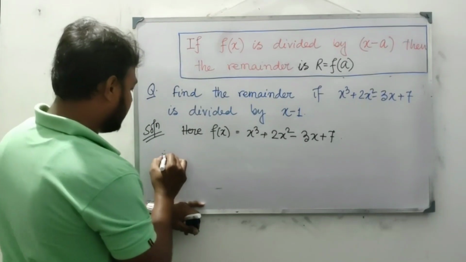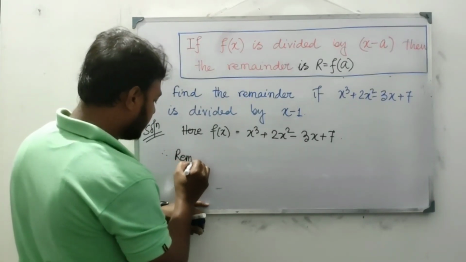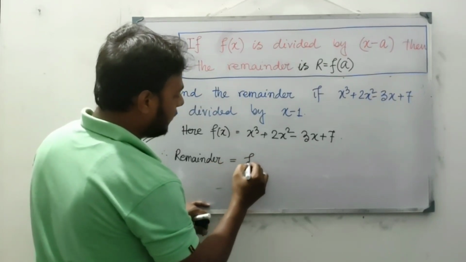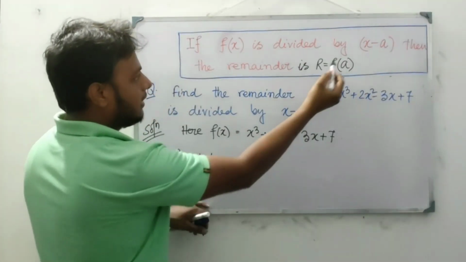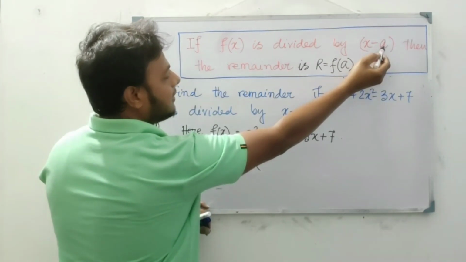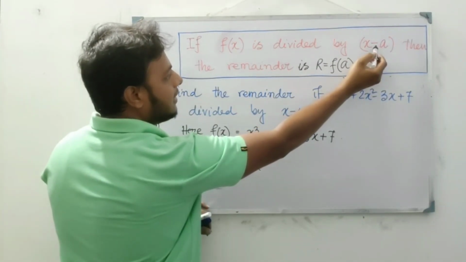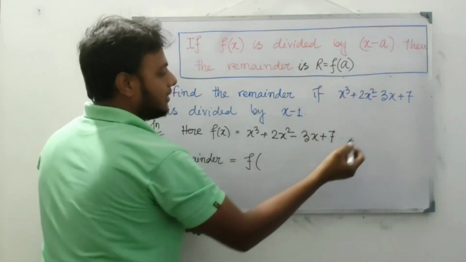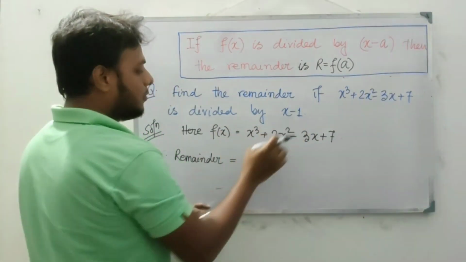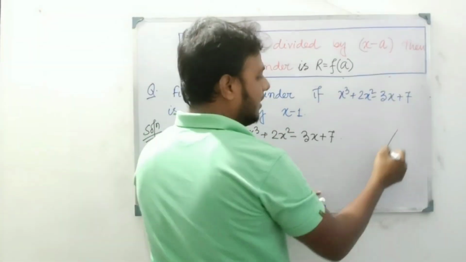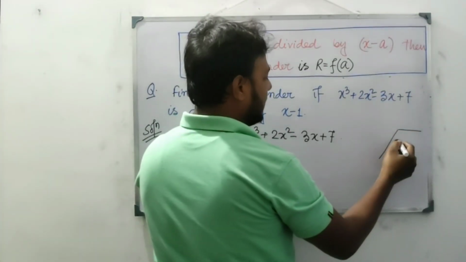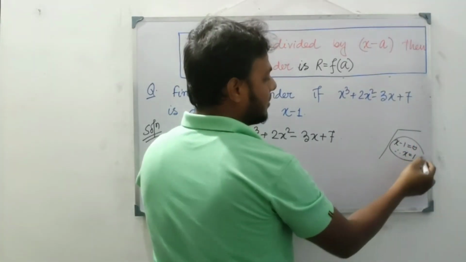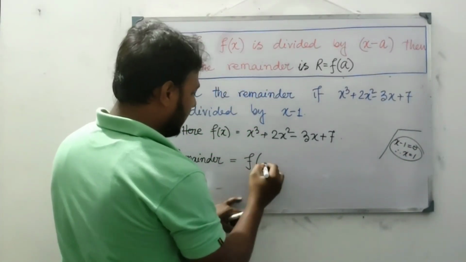Therefore remainder equals f of what? In x minus a, we have to put x equals a. So here x minus 1 is there, so we put x equals 1. You can take it in this form also: x minus 1 equals 0, therefore x equals 1. So remainder equals f of 1.